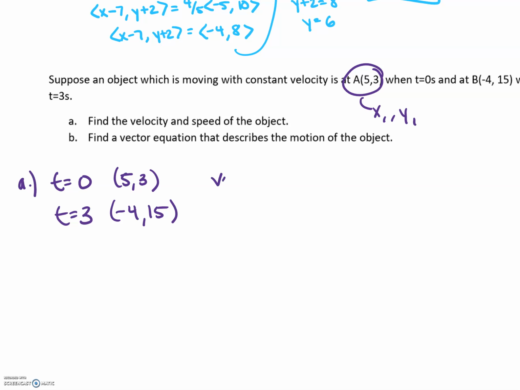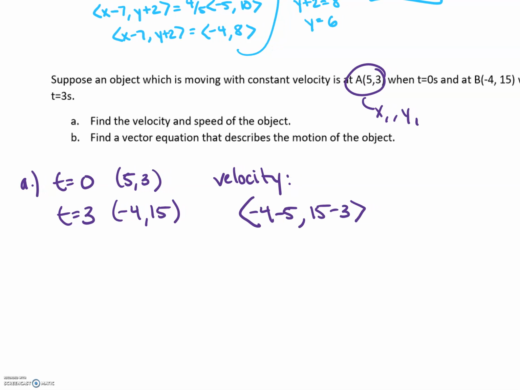So if I want to find the velocity, I'm going to start with my second coordinate, so negative 4 minus 5, 15 minus 3. But before I do that, how long did it take to get to (-4, 15)?